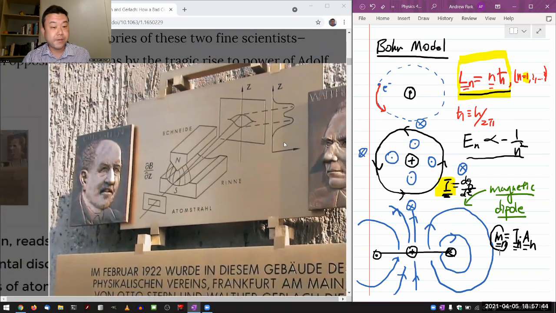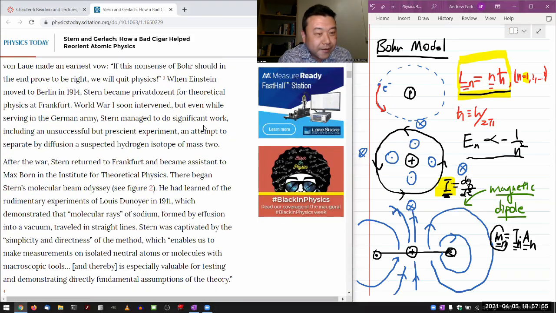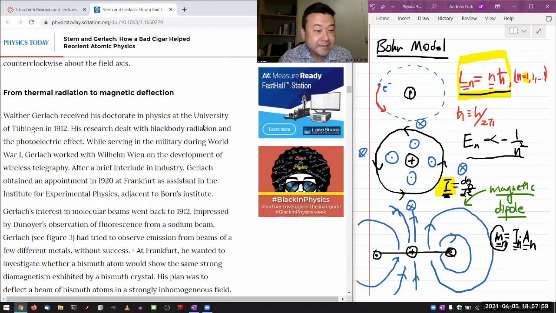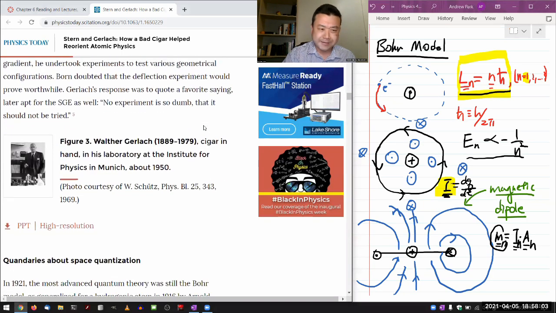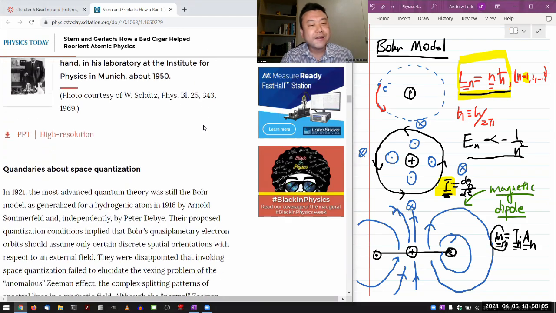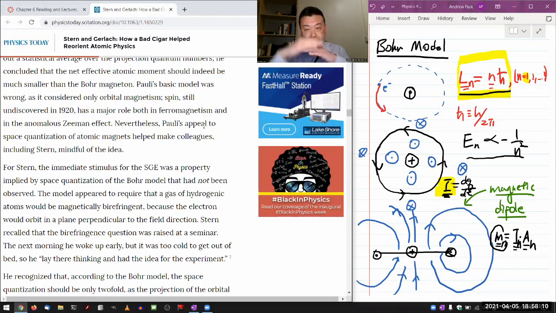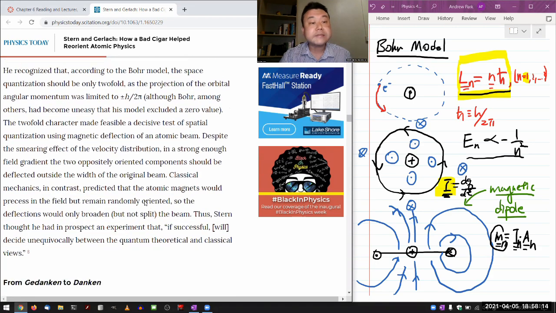And when Stern and Gerlach did their experiment, there's a nice bit of historical trivia: after smoking the cigar that the story refers to, they discovered the well-separated bands of silver deposits.